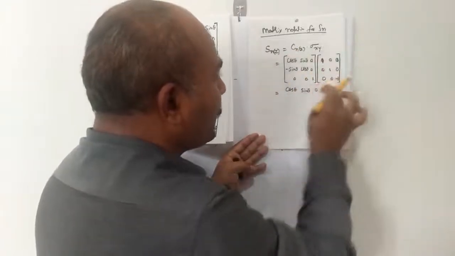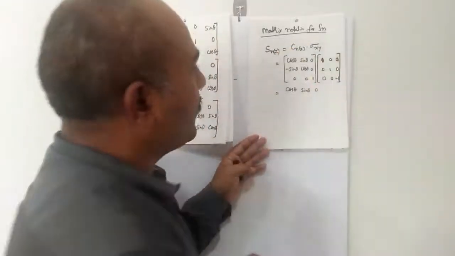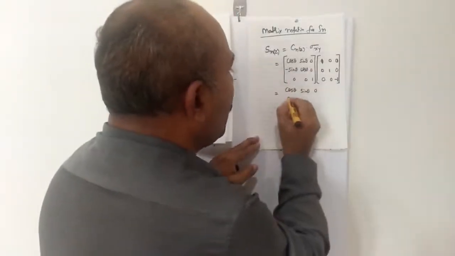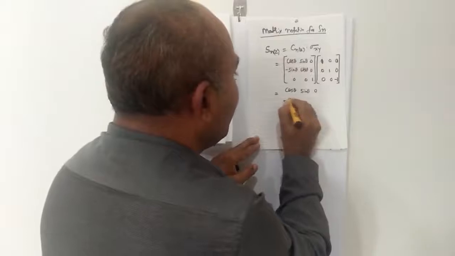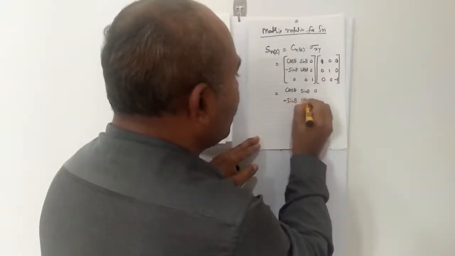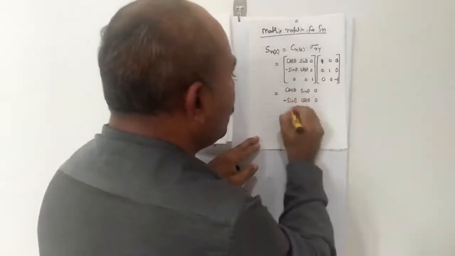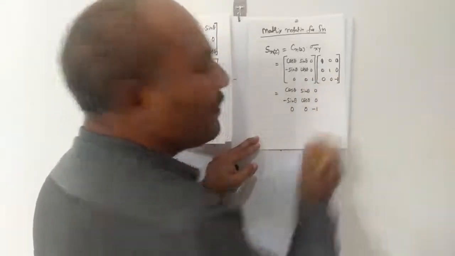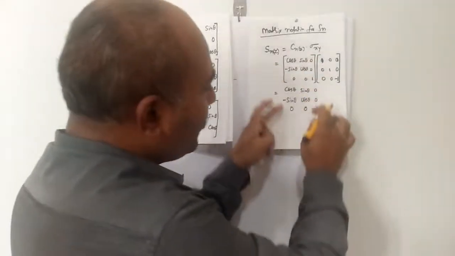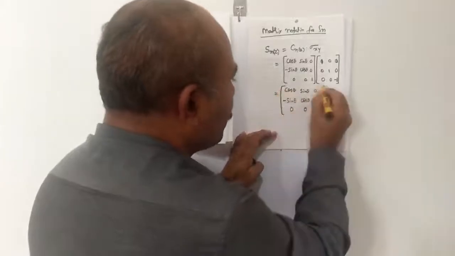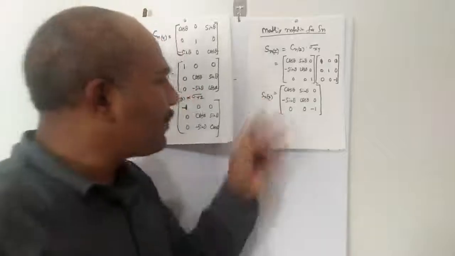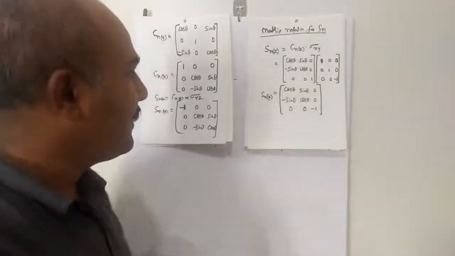Similarly, first row second column, first row third column, like that you have to go. Now for the second row of the matrix, minus sin theta, cos theta, 0, then 0, 0, 1 will be multiplied with the minus 1, the value will be minus 1. You can cross check if you do the complete multiplication, these are the final values. So this is the SNZ matrix, that is the improper rotational axis along the Z axis.